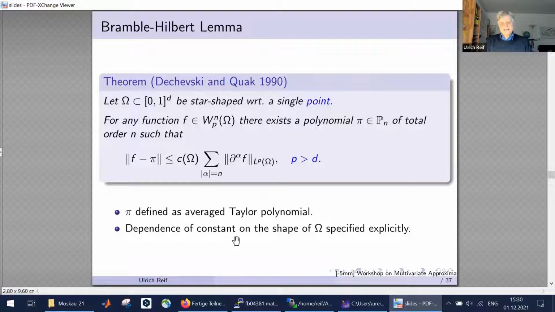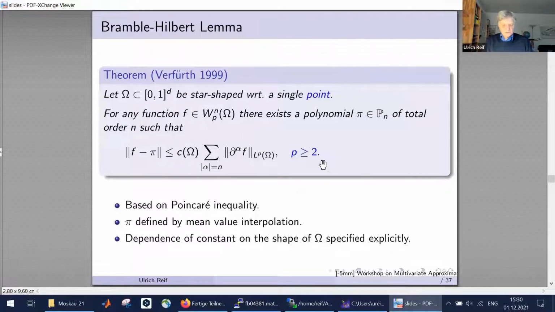And again, they are able to specify the constant explicitly, but the restriction here is that the exponent p for the L^p norm has to be greater than the space dimension. Next progress by Verfürth, he improves that to p greater than or equal to 2. So now it's possible in L2. And a student of Verfürth, Thomas Trunk, could show it for all p greater than or equal to 1.